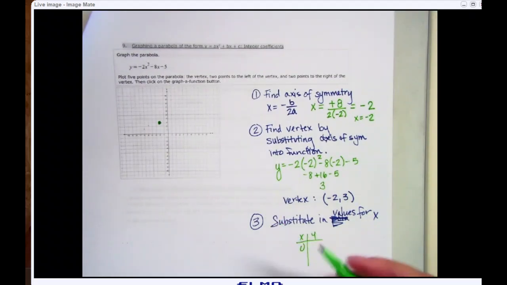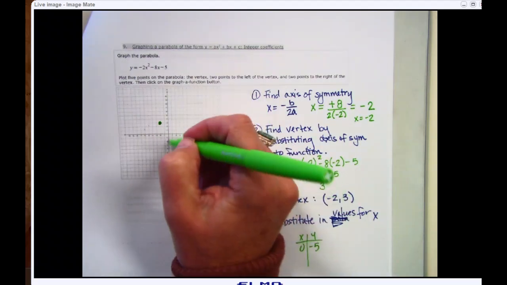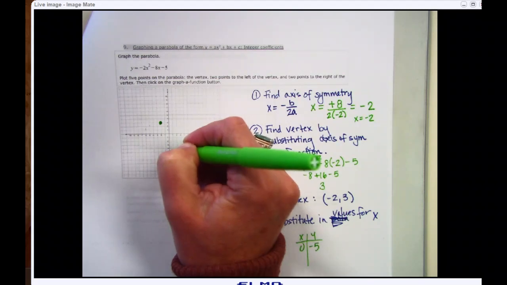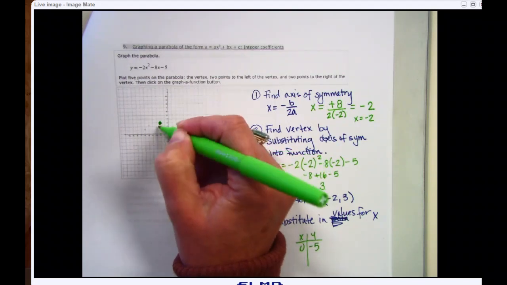Yes, sir. Can you also say that x squared is negative 2? Absolutely. You can do your transformation that way too. Did you guys already do that? No. I'm glad you brought it up because that's where I was going to go next. So 0, negative 5, and I'll point out what William was just talking about. And I can reflect that on the other side.